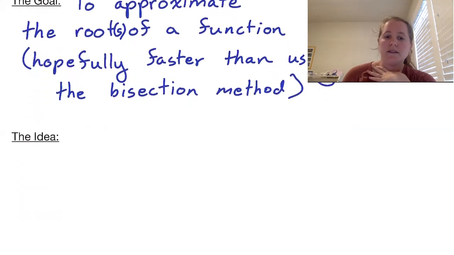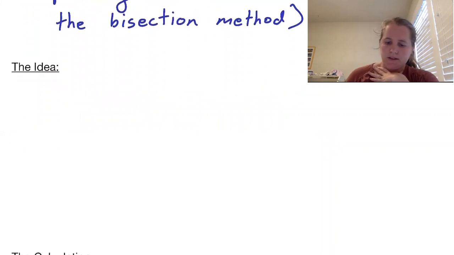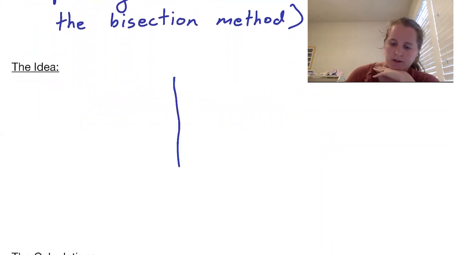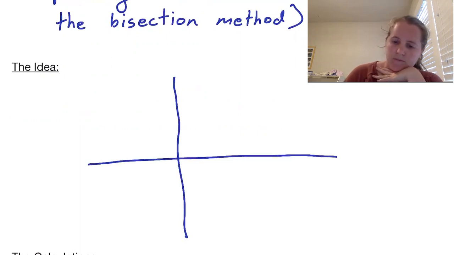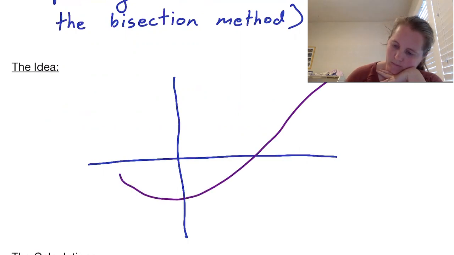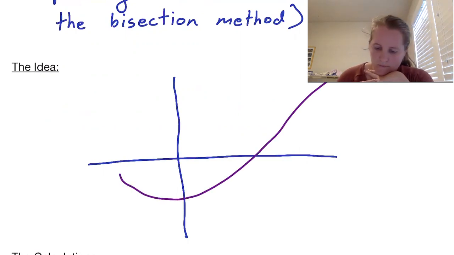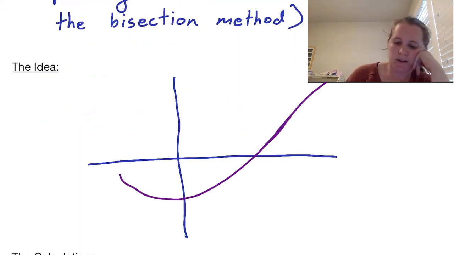So basically the idea is, let's go ahead and draw a quick graph. We pick a point near our root.